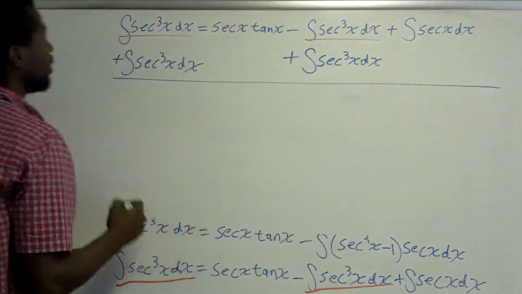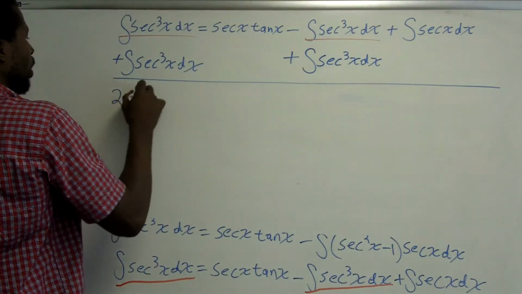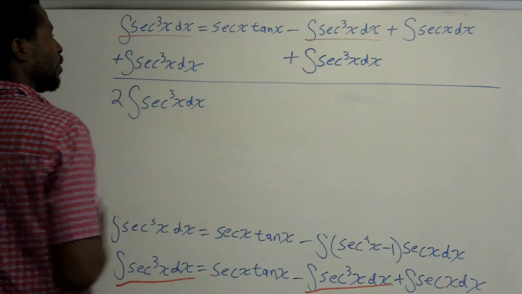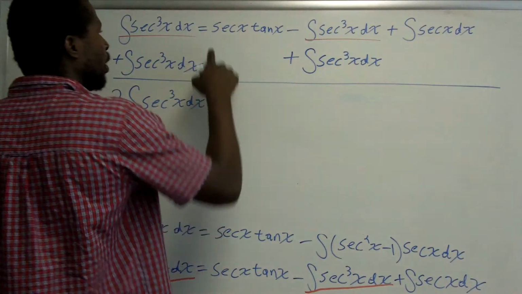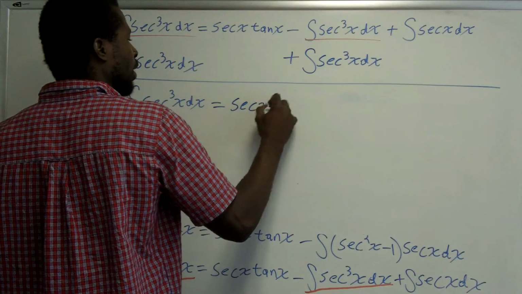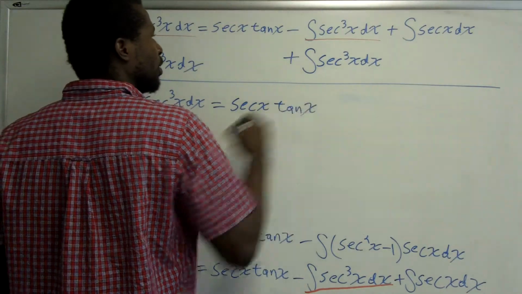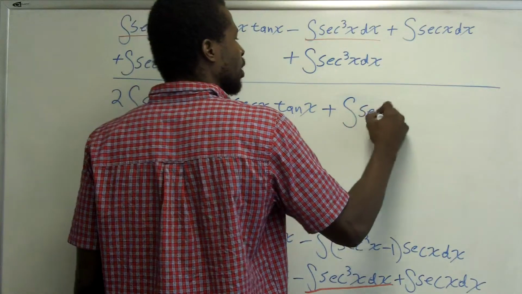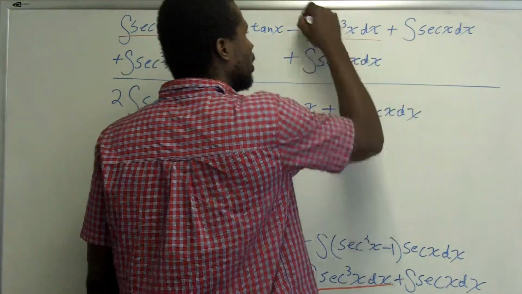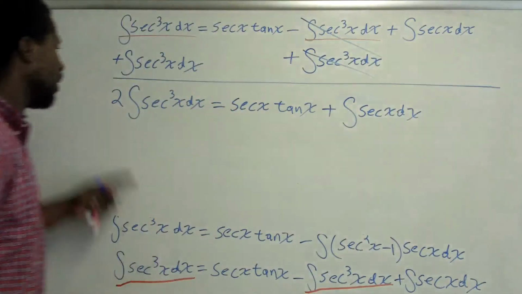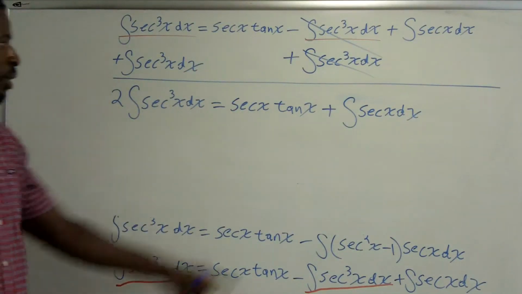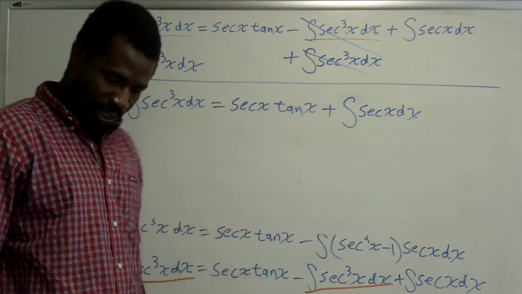That way I'll get this. This is 2 of them. 2 integrals of secant cubed of x dx equals secant x tangent x plus the integral of the secant of x dx. These cancel out. So I get this thing, and then all I really have to integrate is this secant of x dx.